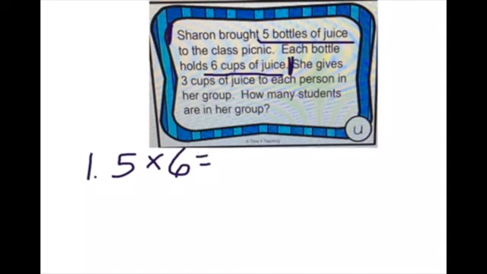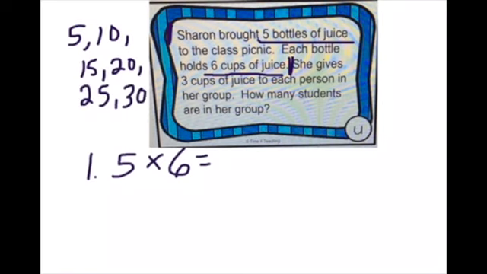Well, if I count by 5s, I can figure that out, right? 5, 10, 15, 20, 25, 30. I stop at the 6th number, because I counted by 5 and the 6th number is 30. Okay, so 5 times 6 is 30. That's what we do for step 1.